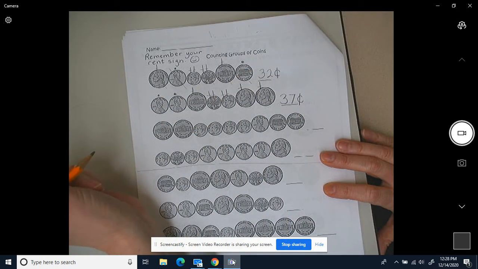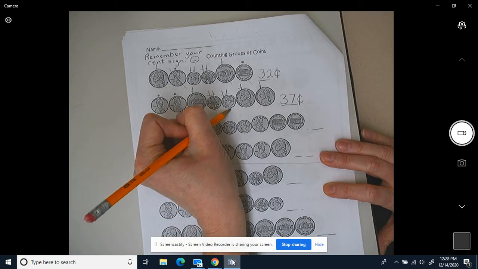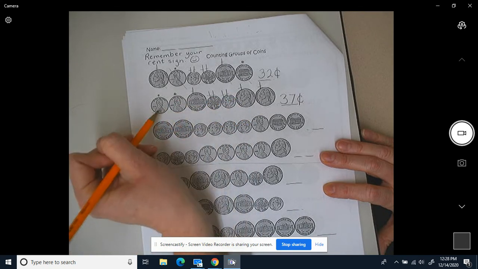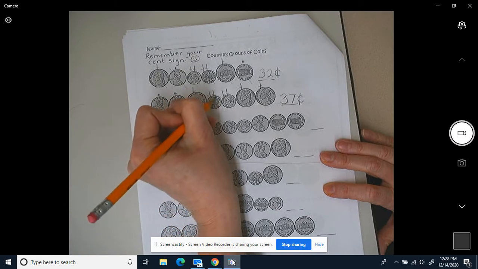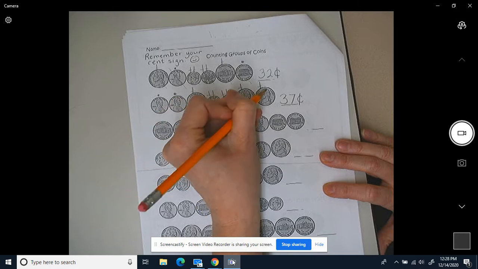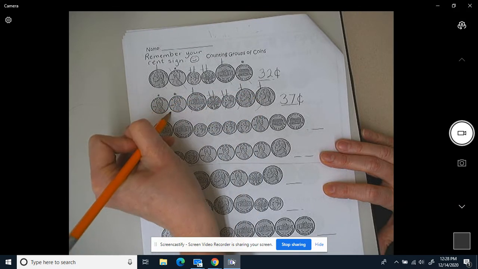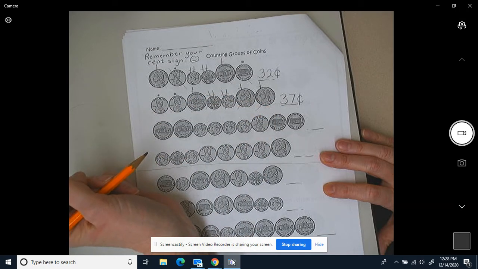Okay? If I count the other way, like we did last week, I would count my 10s, my dimes, my nickels, which are 5s, and then my pennies. So I would go like this: 10, 20, freeze, 25, 30, 35, freeze, 36, 37 cents. And I get the same thing.